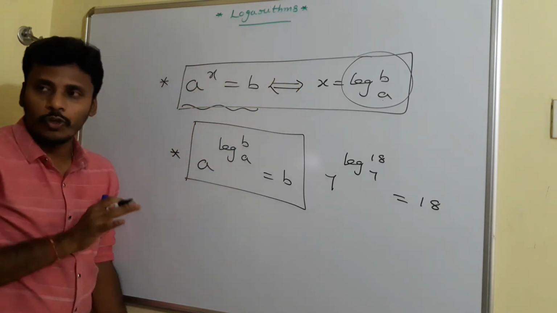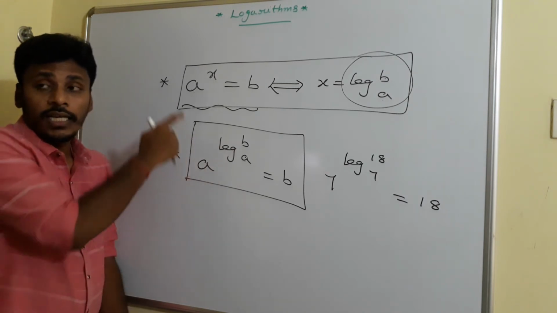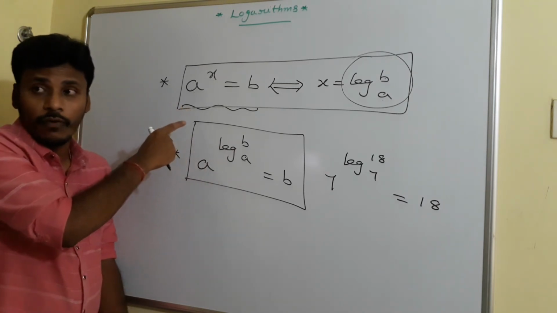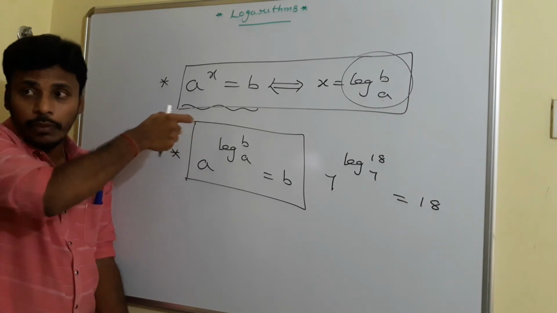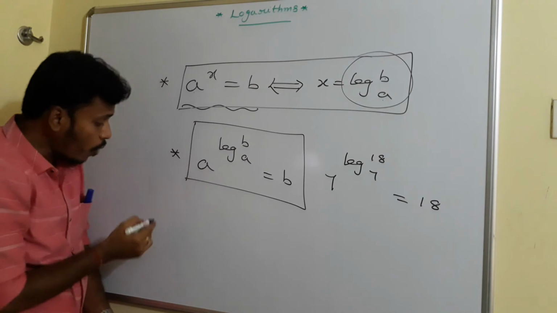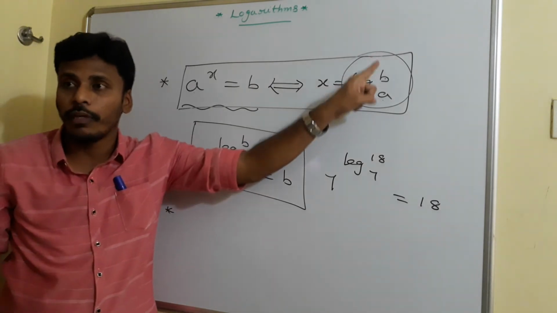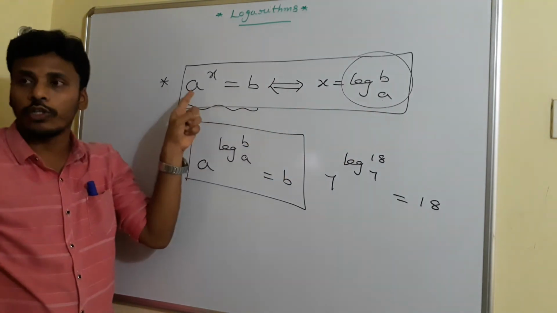Now I am doing the same thing, but from the other side. Here you have b is equal to a to the power x. You take that b is equal to a to the power x and replace it on that side. Just have a look here. This x is equal to logarithm of b base a and this b is equal to a to the power x.